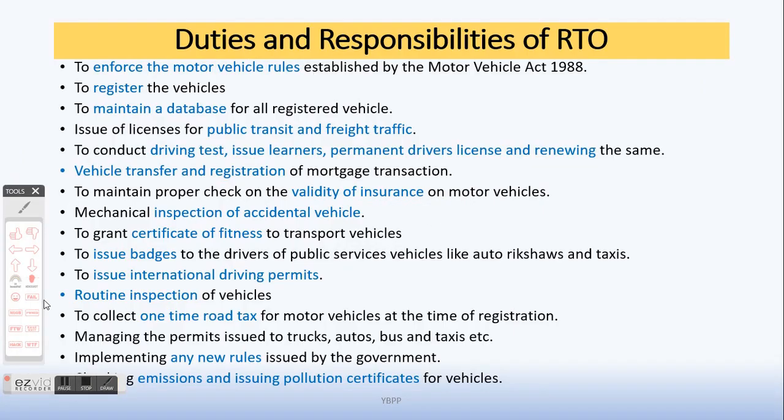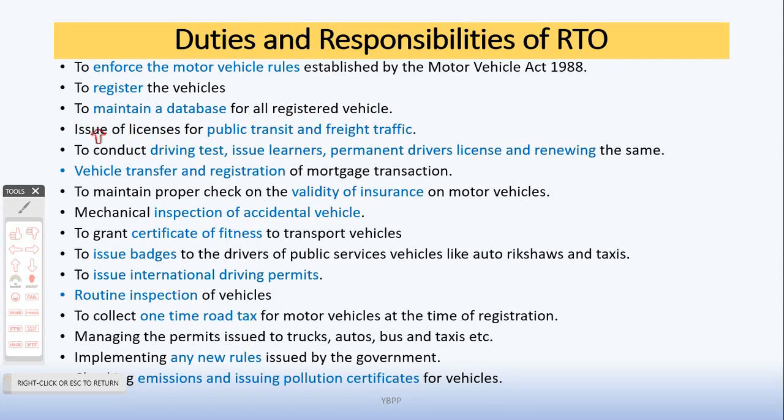Now, the next point is duties and responsibilities of the RTO, Road Transport Officer. To enforce the motor vehicle rules established by the Motor Vehicle Act 1988, this is the first duty. Then second is to register the vehicles.